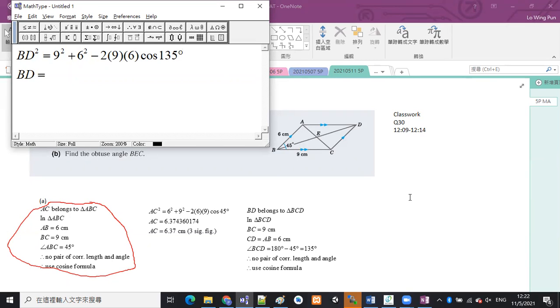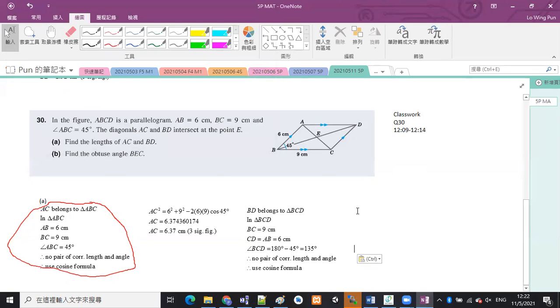And then just use the calculator. I think it should be 13.9 something. And this is an answer, so we need to correct this to 3SF with the units.